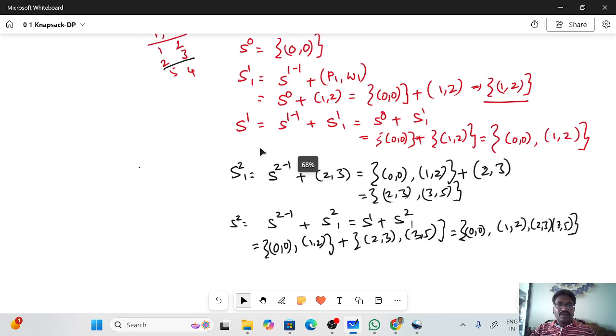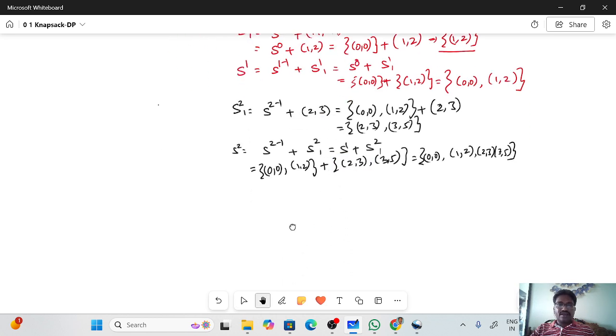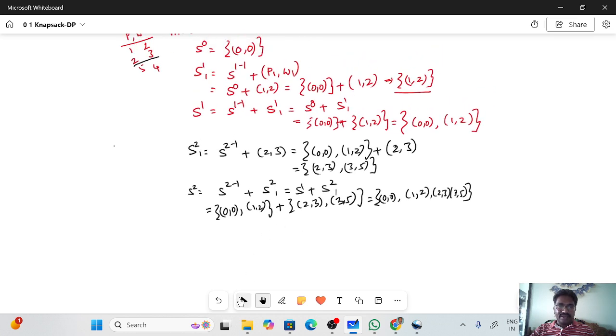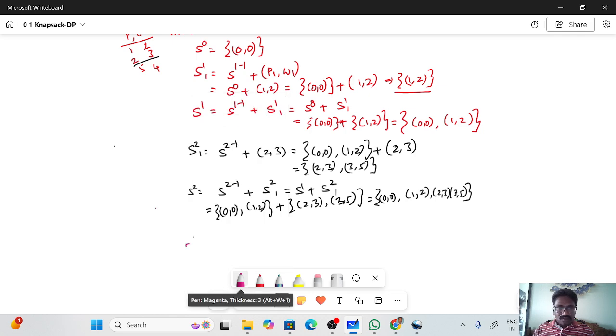Now with the help of this S2, I am going to find S3. So S3 final is not possible to directly evaluate. I must find S31. Good. So I am going to first find S31. So S31 is nothing but the S2 set added with the third item profit and weight.